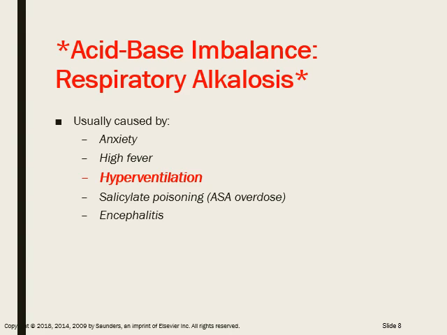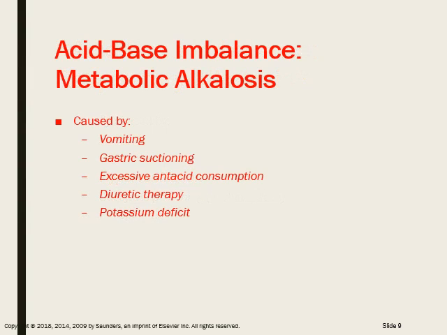Also, some head injuries may also lead to hyperventilation. Metabolic alkalosis is when the serum pH is greater than 7.5. Some common causes of this imbalance include vomiting, gastric suctioning, excessive antacid consumption, diuretic therapy, as well as potassium deficit.